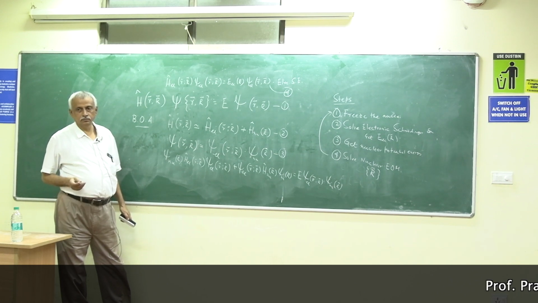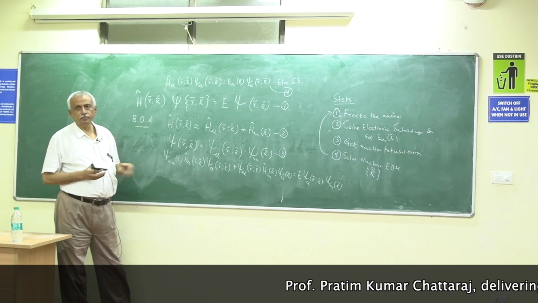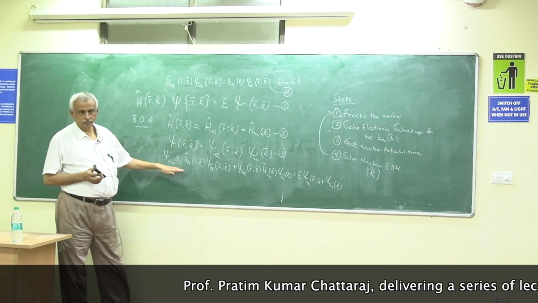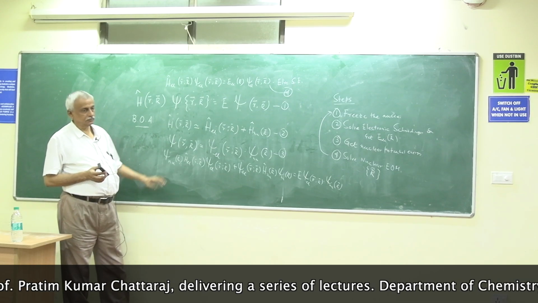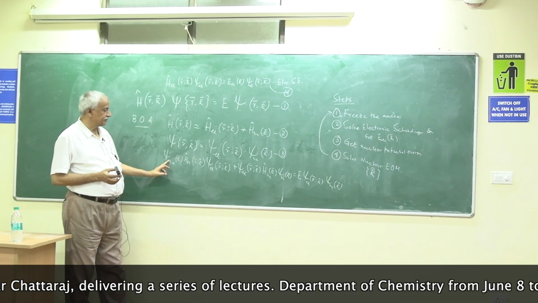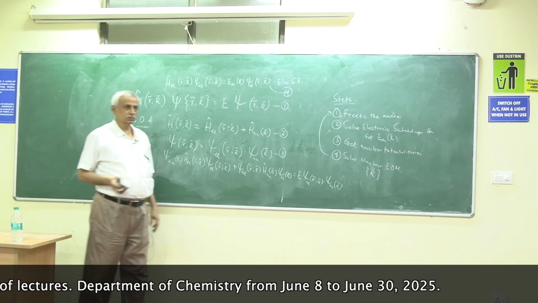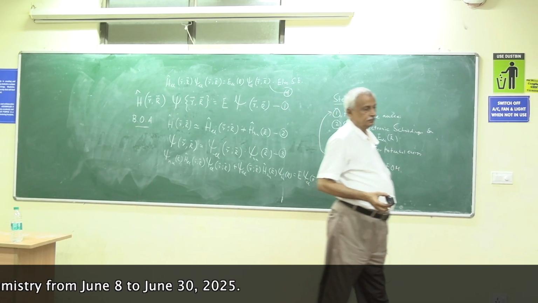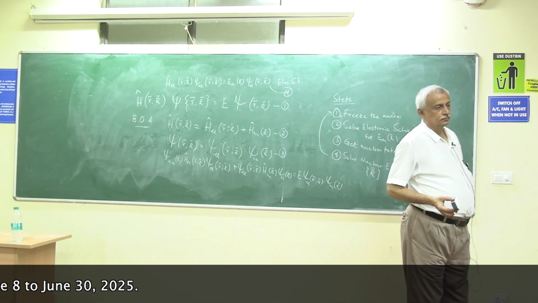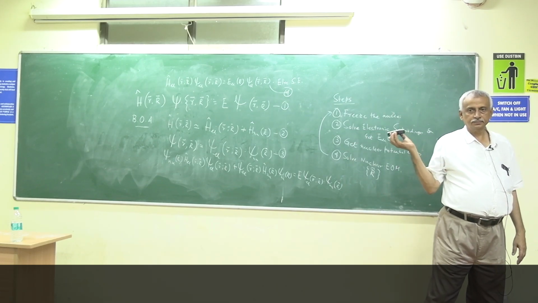Don't copy it down if you don't understand. Because as I told you, for this operator this is constant, for this operator this is constant. So do all of you get this?